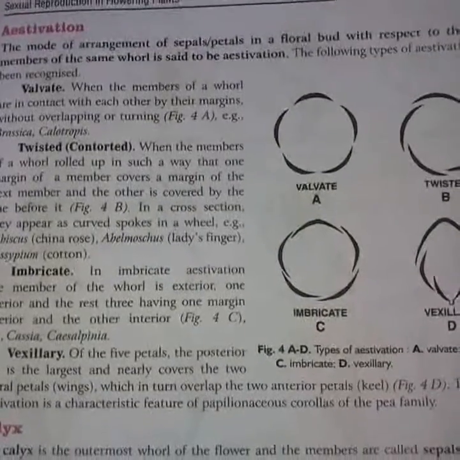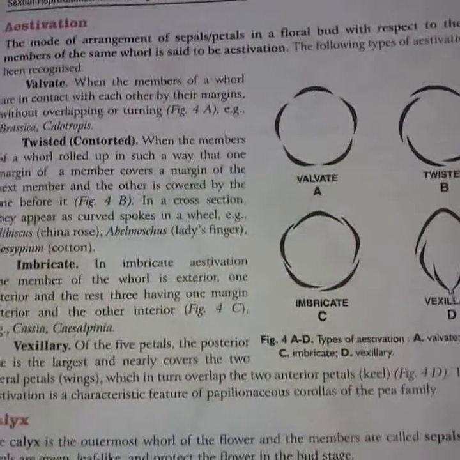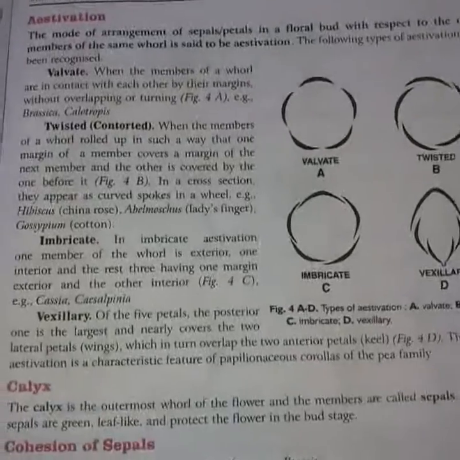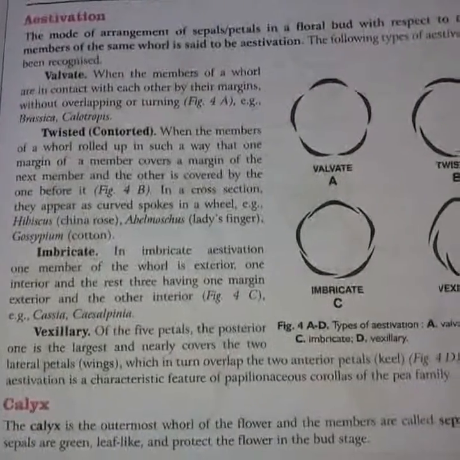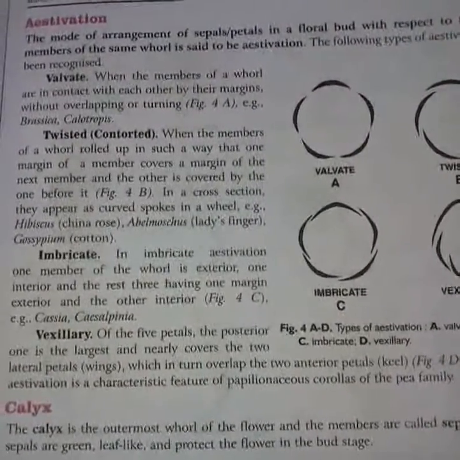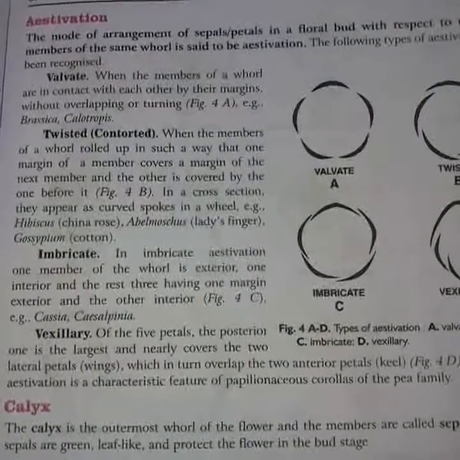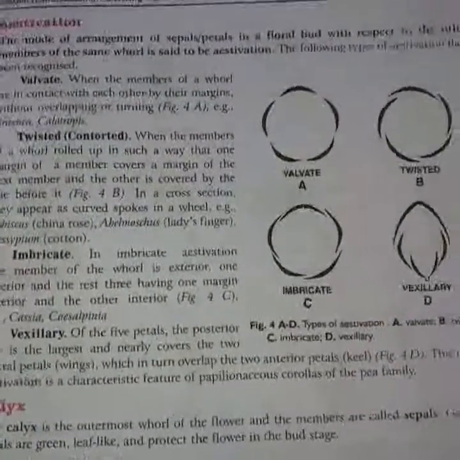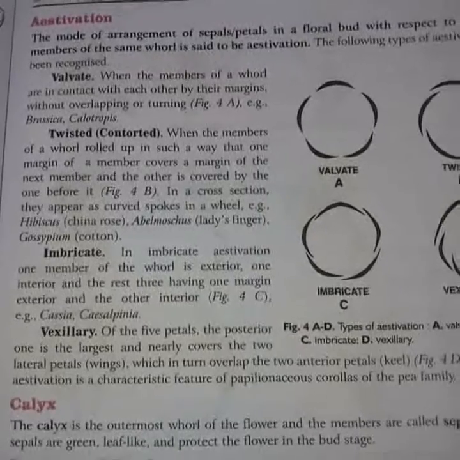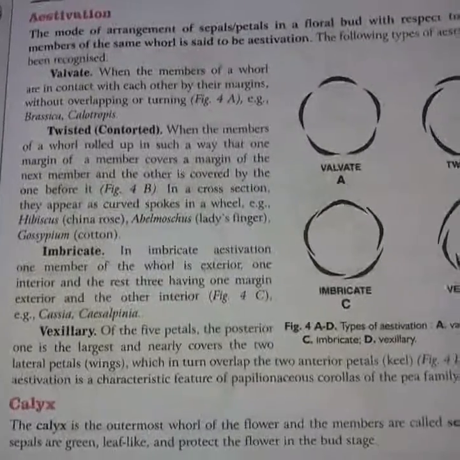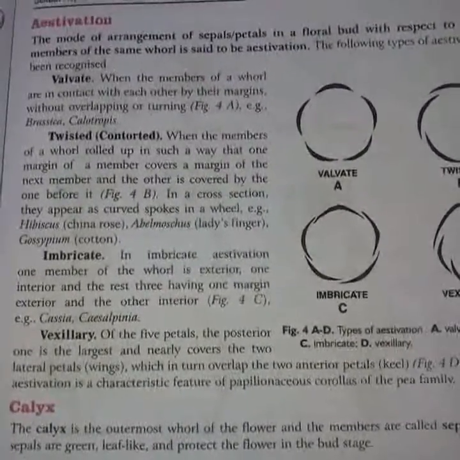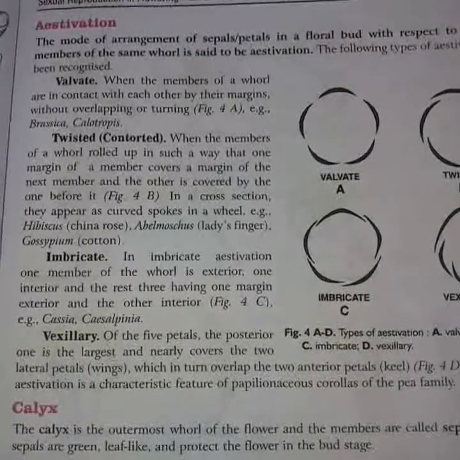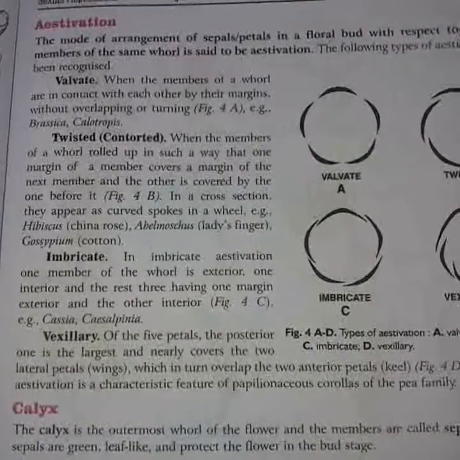The next type of estivation is imbricate estivation. In imbricate estivation, one member of the whole is axial and one is anterior, and the rest three have one margin axial and the other anterior.